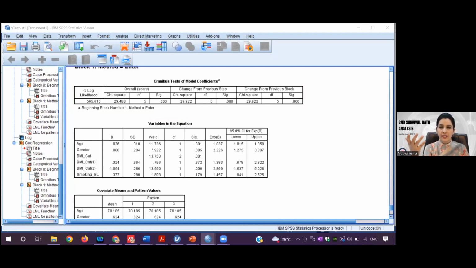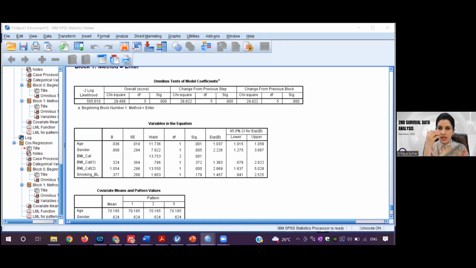You are predicting the survival or the hazard in the experiment group as compared to the control group. So that prediction which you are doing, the model is not significant, because it makes an equation.